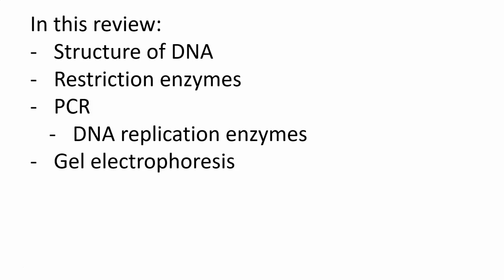We talked about the polymerase chain reaction, which is just a molecular copy machine. And we talked about how we've been able to mimic or steal those replication enzymes that DNA uses to replicate in cells. And we also talked about gel electrophoresis and how we can use it to analyze DNA for forensics.